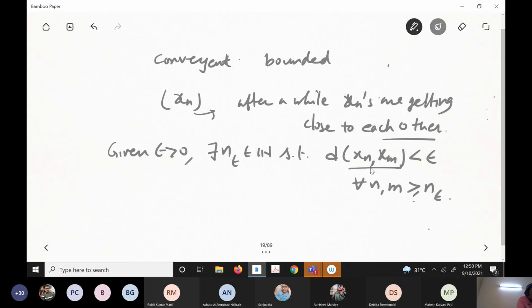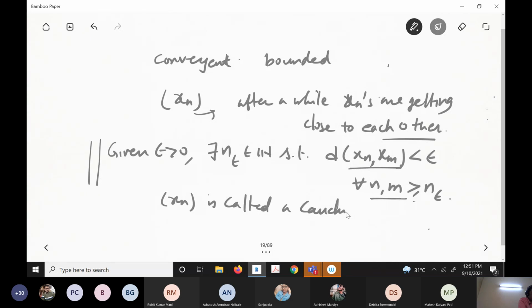Here I am taking two points and saying they are getting close to each other. It is not the definition of a convergent sequence. I do not know which point they are getting close to, or whether they are getting close to some point at all. Then x_n is called a Cauchy sequence.